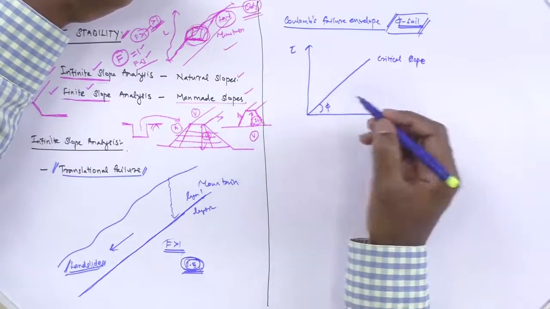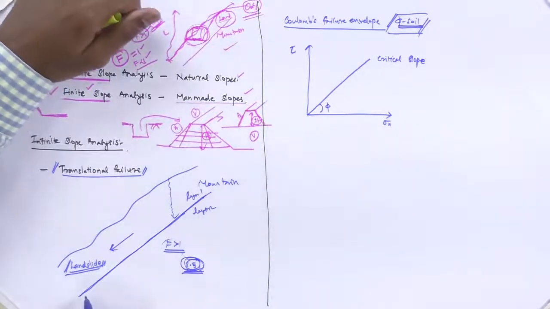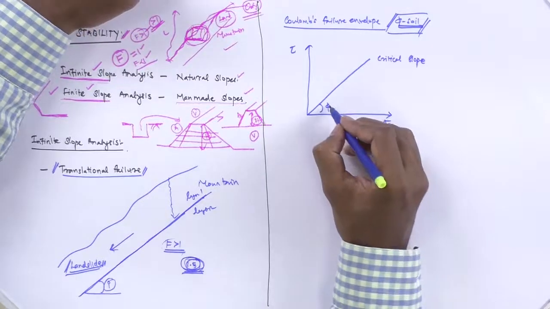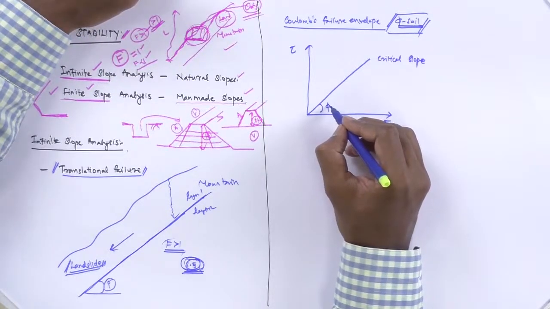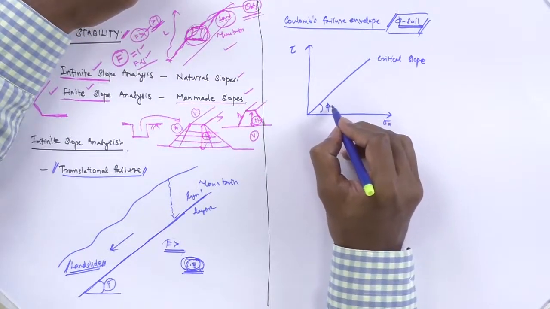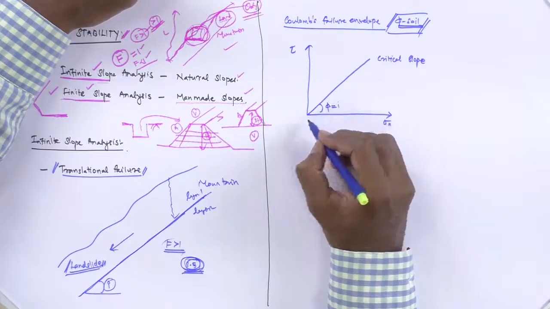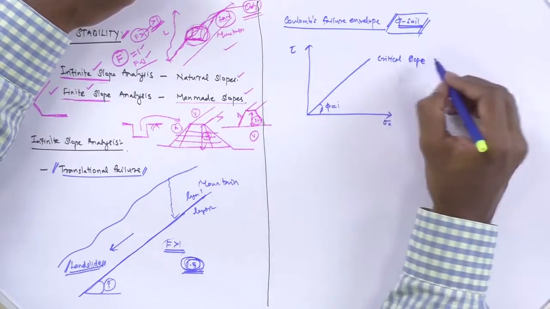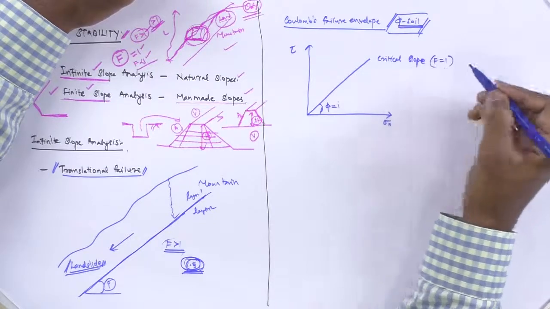Say this is phi, and the slope inclination angle is I. Phi is the angle of internal friction or angle of repose. When phi equals I, it is a critical slope, and the slope is about to fail.